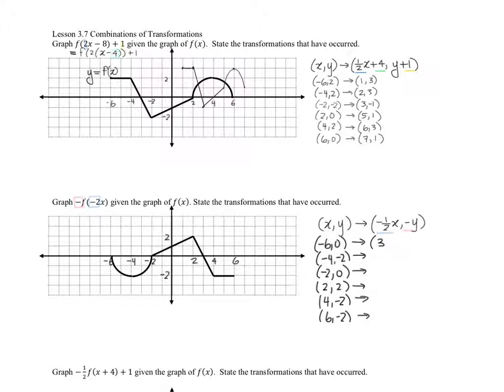So (-6, 0) is going to become (3, 0). Okay. (-4, -2) is going to become (2, 2). (-2, 0) will become (1, 0). (2, 2) is going to become (-1, -2). (4, -2) will become (-2, 2). (6, -2) is going to become (-3, 2).